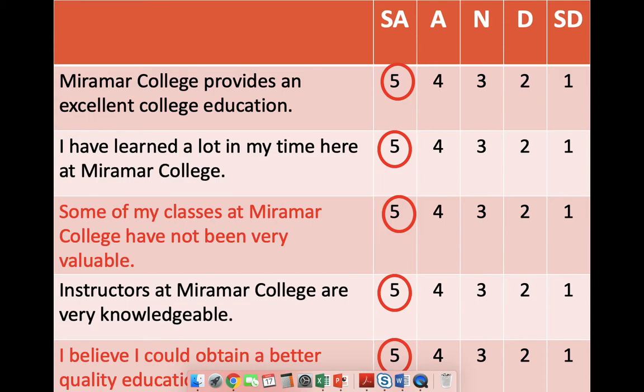Now, when using negatively worded items in a survey, you have to ultimately do something which is called reverse scoring. So let's just imagine that somebody would answer in the expected way to number 3, that if they truly did agree that Miramar provided an excellent education and that they learned a lot in their time here at Miramar, you'd expect them to answer either a disagree or a strongly disagree, or even a neutral.